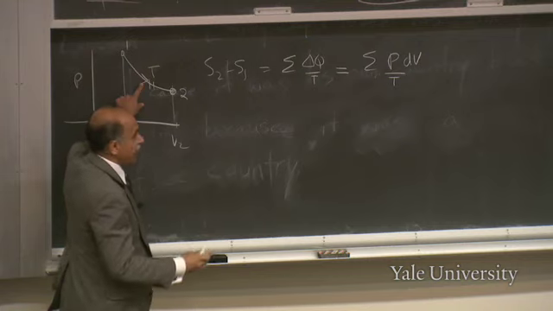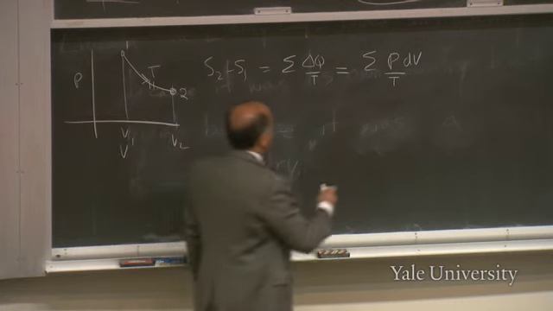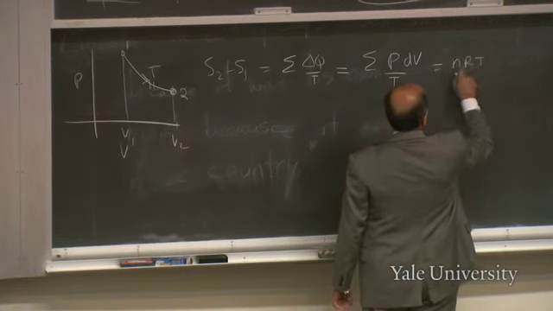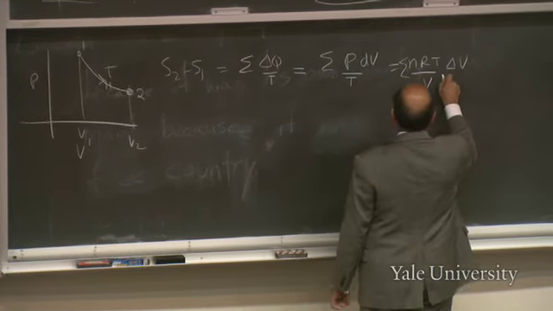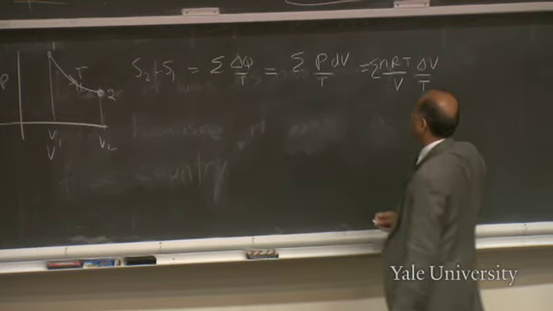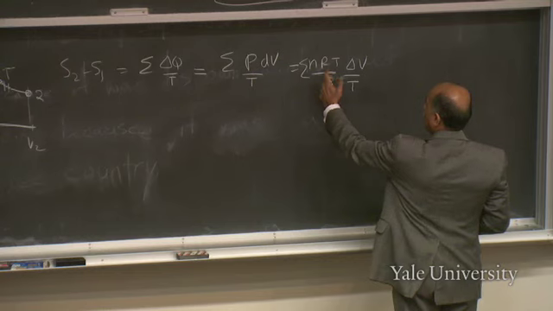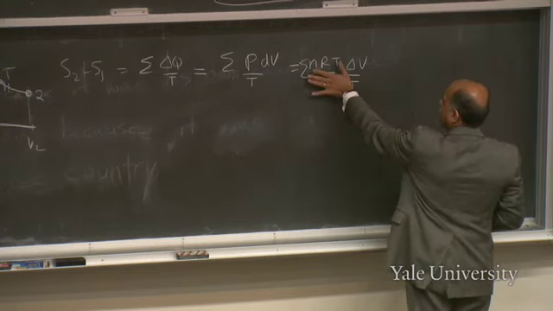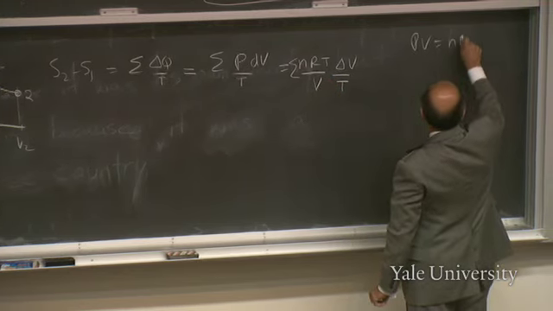I've repeated it many times, but you got to know this. Delta Q is P delta V. But P over T is nRT over V delta V. You also want to divide it by a T. You understand? P over T is nR over V. So P is equal to nRT over V. I'm just saying PV is nRT.